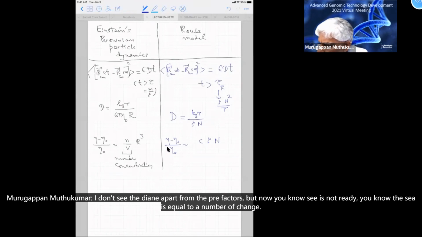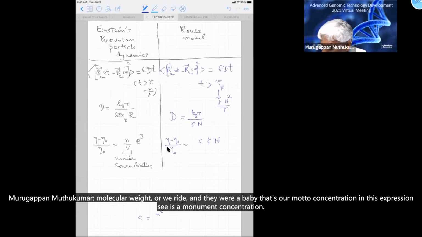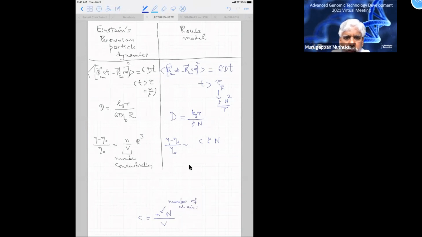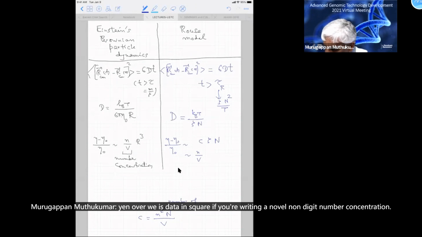But now you know c is the number of chains, molecular weight, or we write N divided by V. That's our monomer concentration. In this expression, c is a monomer concentration. Therefore, what I get is viscosity going like, in this notation, N over V zeta N squared.